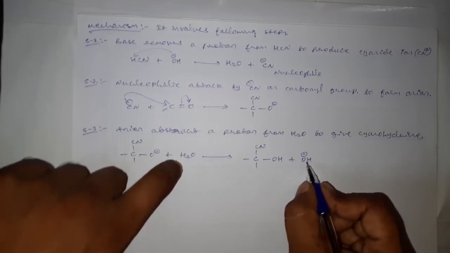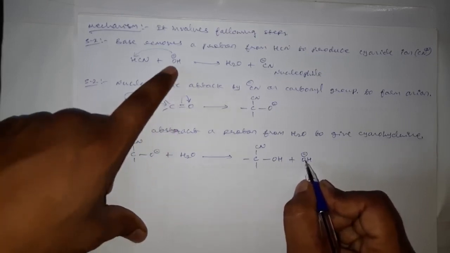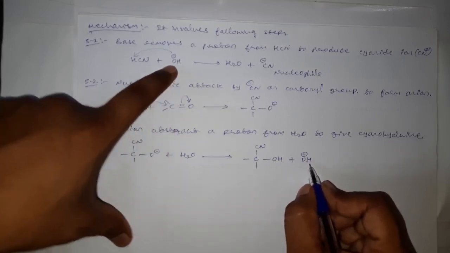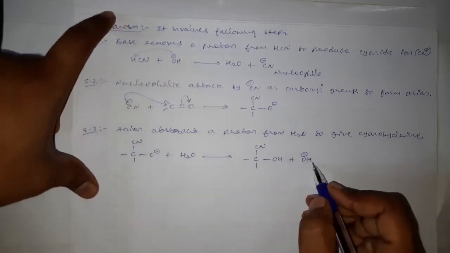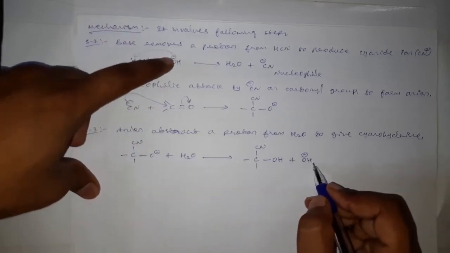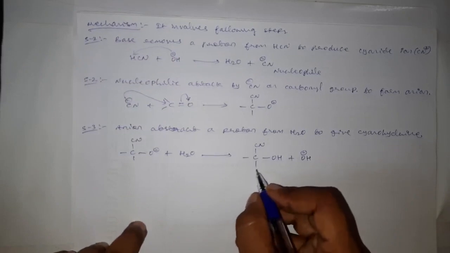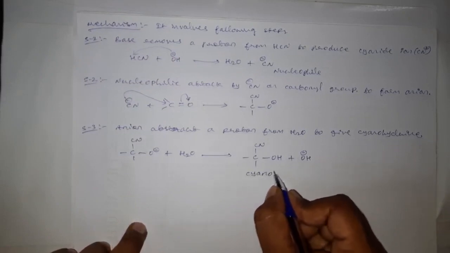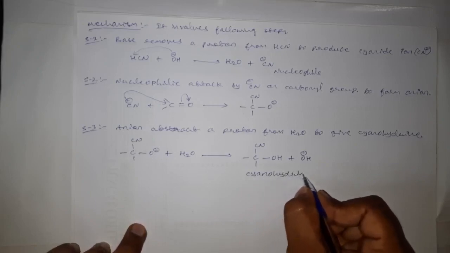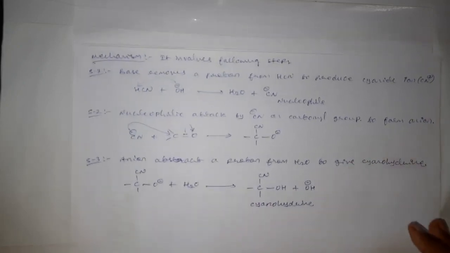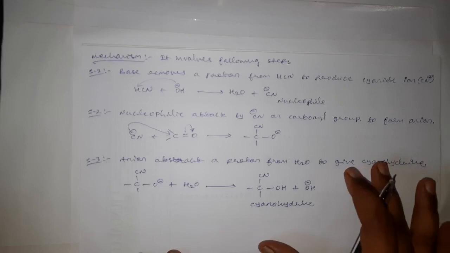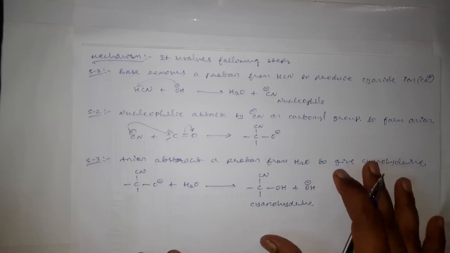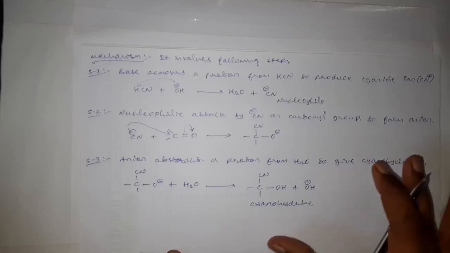This OH minus, which was consumed in the first step, is formed again at the last step. Therefore the base is acting as a catalyst, and at the end of the third step we get our product, cyanohydrin. This is the reaction mechanism of addition of hydrogen cyanide to the carbonyl group of aldehydes or ketones.